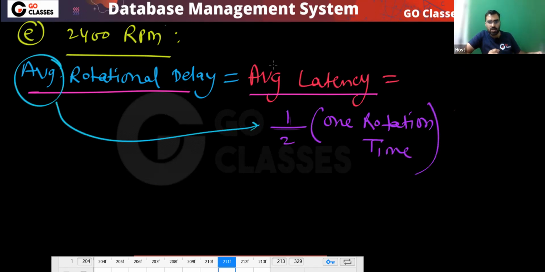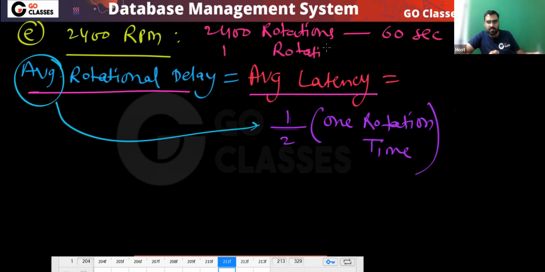Correct? First of all, in 1 minute, how many rotations can you do? 2400 rotations in 60 seconds. So one rotation, how much time?